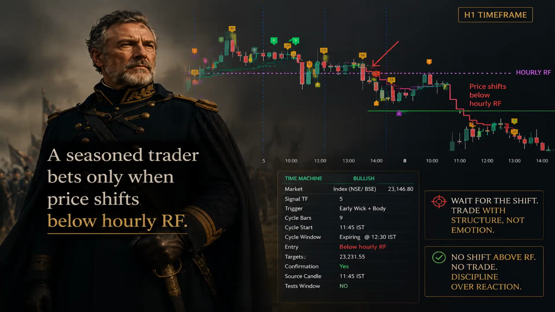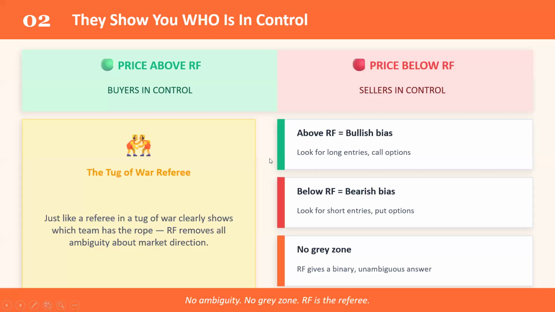Even though the price is below the hourly range filter, you can trade with the internal range filter. You can scalp, and with the Tesla time machine you time the market and enter along with the Nalini precision rolling pivot. So you will not have any emotional stress. You will be trading better.